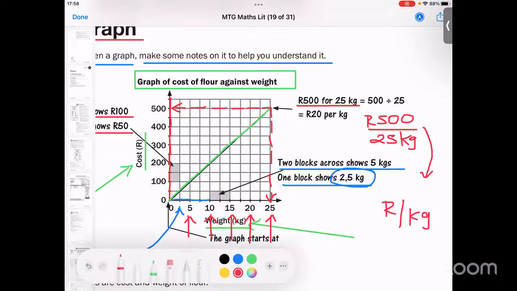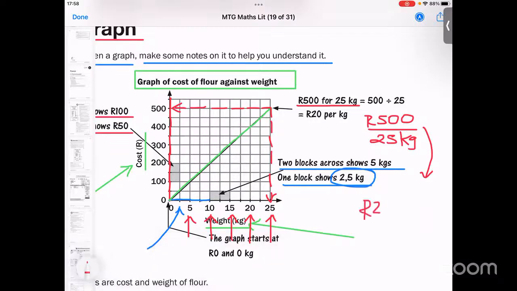So it therefore means it is actually 20 rands that gives you a kilogram. So that would be the rate, the honorable member, per kilogram of flour.